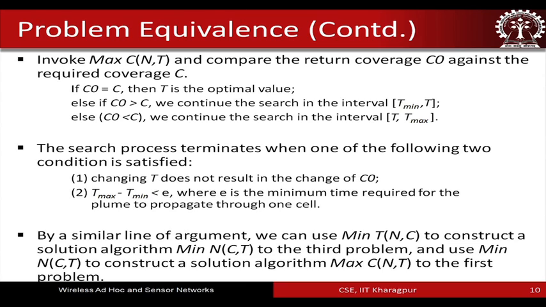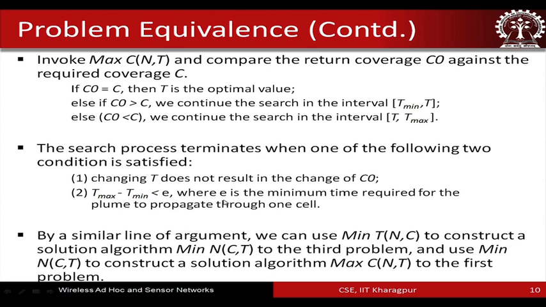Otherwise, if C0 is greater than C, we continue the search in the time interval T min to T. Otherwise, if C0 is less than C, we continue the search in the interval T to T max. The search process terminates when one of two conditions is satisfied: changing T does not result in a change of C0, or T max minus T min is less than a certain value, which is the minimum time required for the event to propagate through at least one cell.